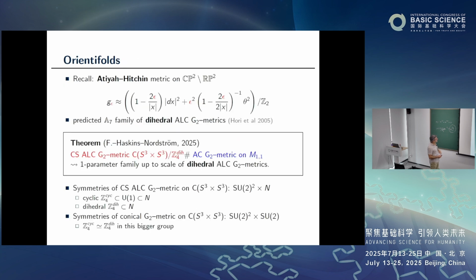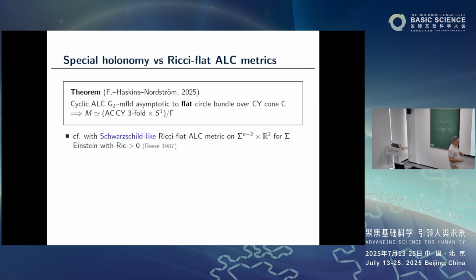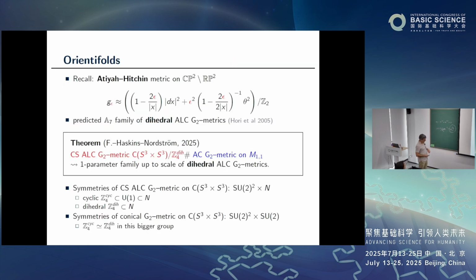So I'll close with just two remarks. This is more or less the existence result that we have for now. There are of course many more things that one could do.